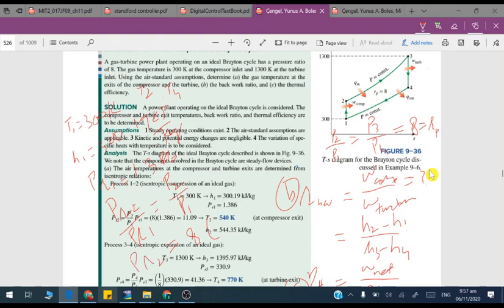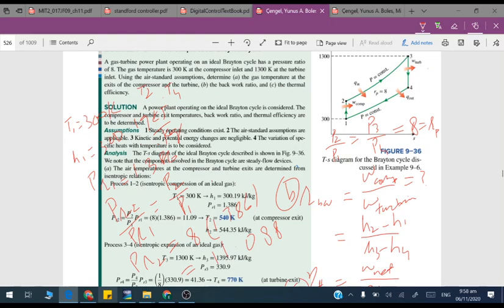So PR2 will be 1.386 multiplied by 8, so basically it is 11.088.